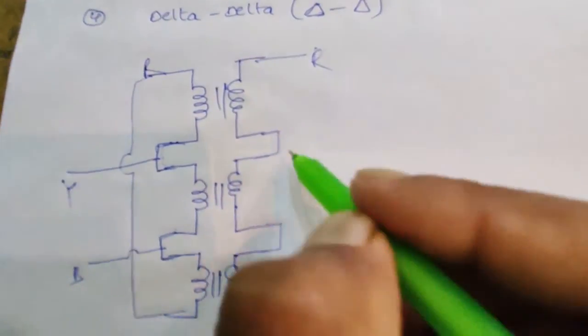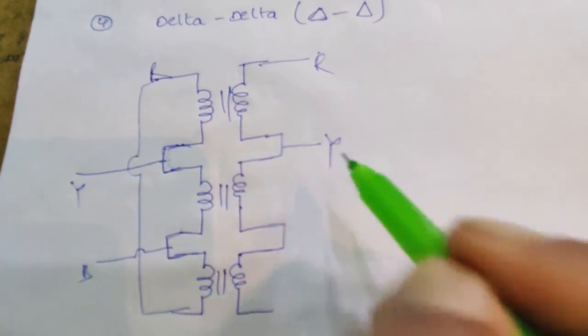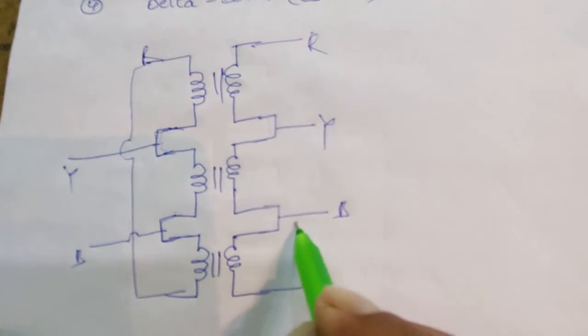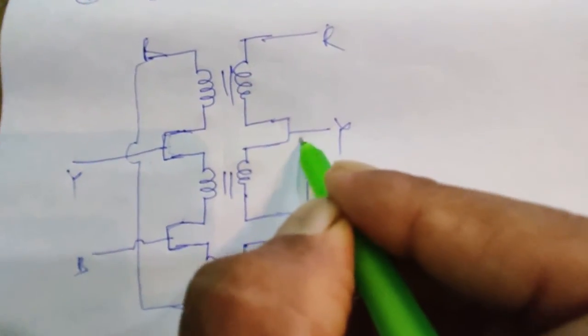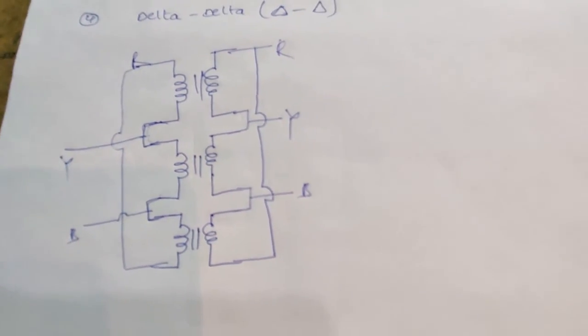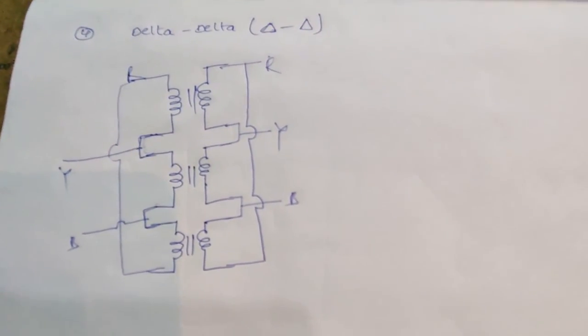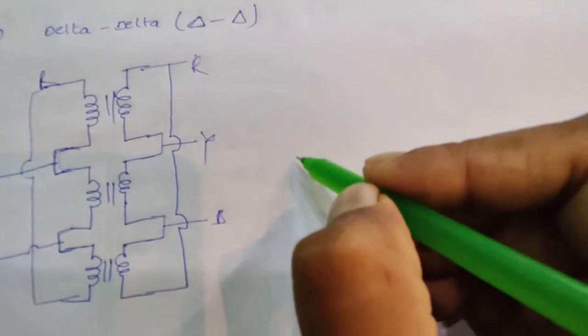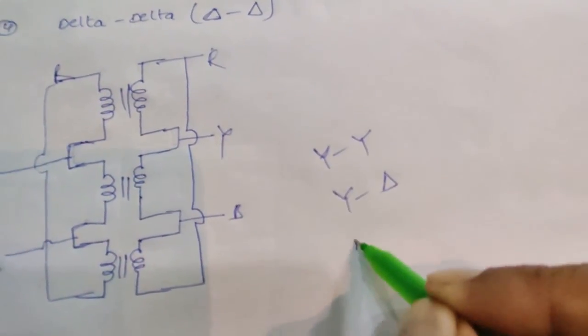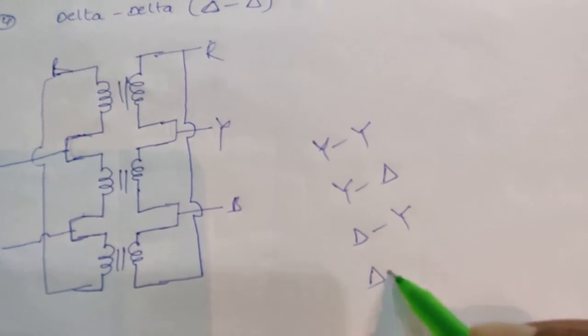R, Y and B. So this is the simple way to draw the connections: star to star, star to delta, delta to star, and delta to delta.